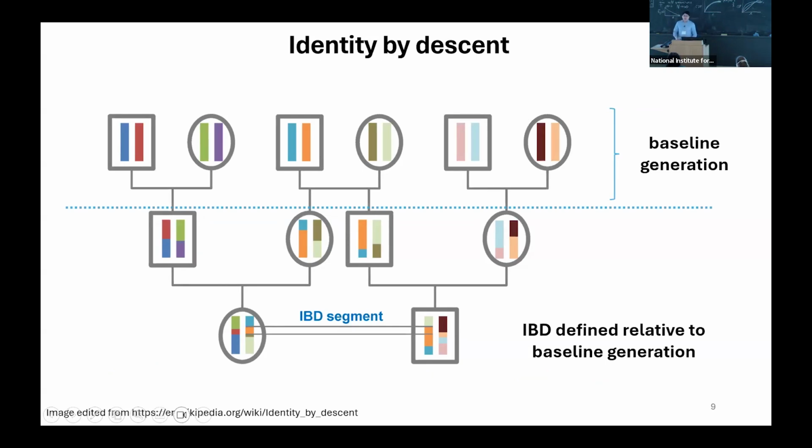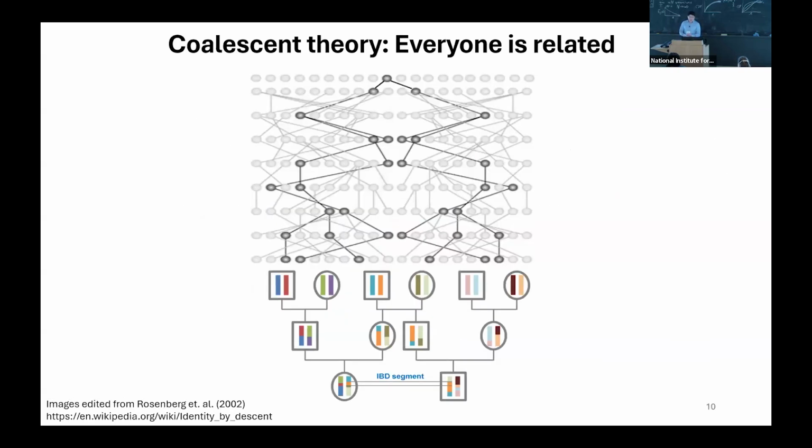Of course, now we have genomic approaches where we can estimate IBD from genomic data, and we don't need to define a baseline generation, but still we are limited to a few dozen generations by identity by descent analysis. And from a coalescent theory point of view, as we know, everyone's related. So if we expanded this pedigree back in time, eventually everyone would coalesce to a common ancestor.